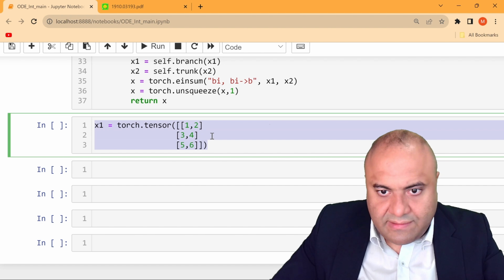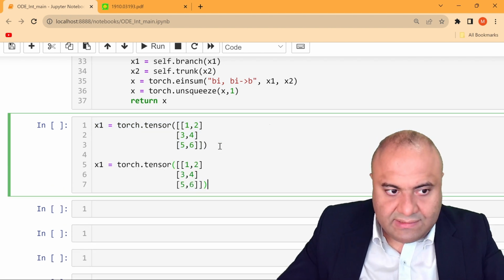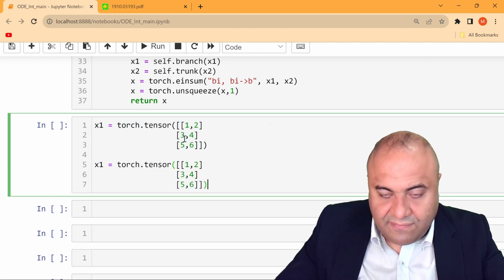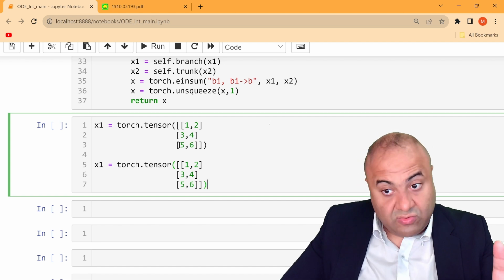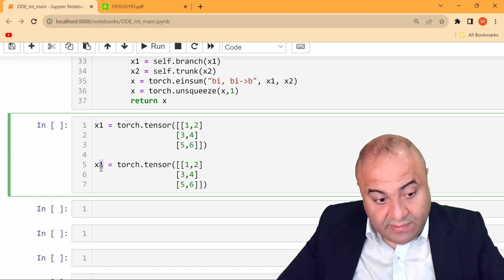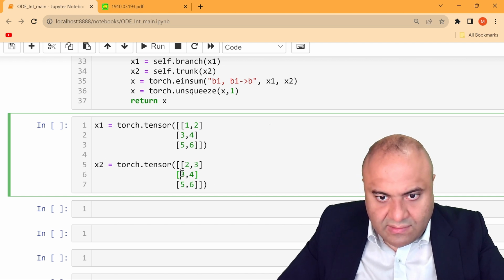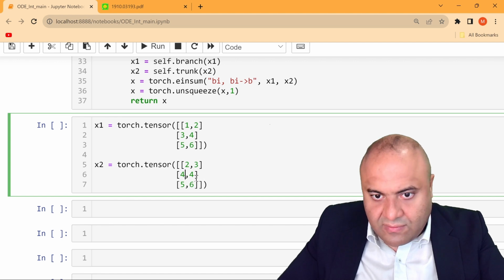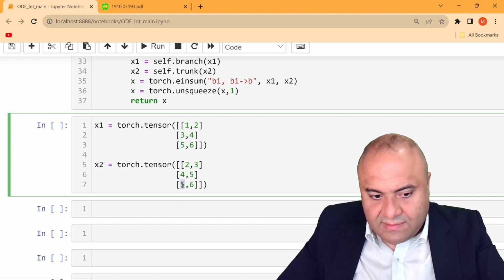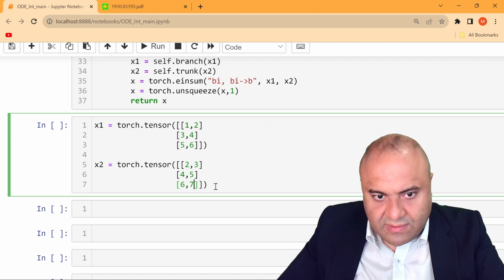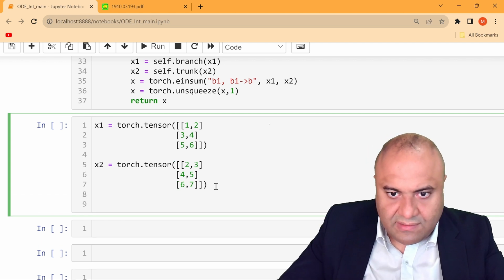And another tensor, x2, with shape 3 by 2, 3 rows and 2 columns. Make it 2, 3, 4, 5. Just make it a bit different so we don't have trouble.